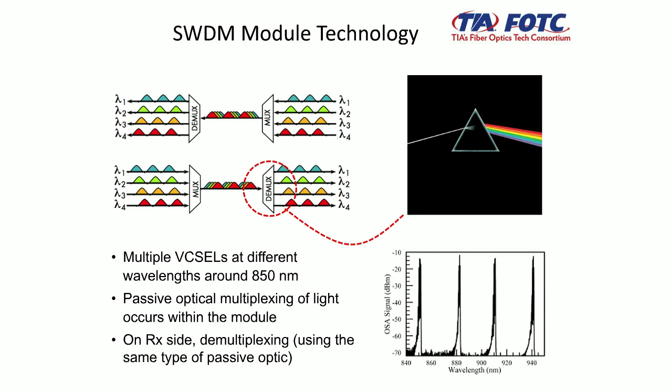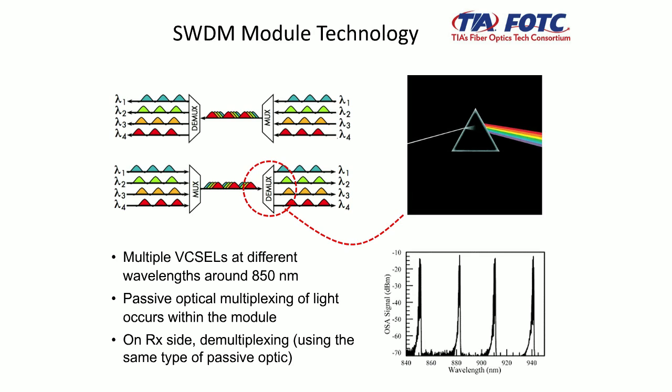SWDM transceivers, simply said, there's a passive optic in the transceiver that muxes multiple colors spanning 850 to 953 onto a single fiber, and then basically the same physical optic on the other end, much like the prism of the Dark Side of the Moon album in the picture there.